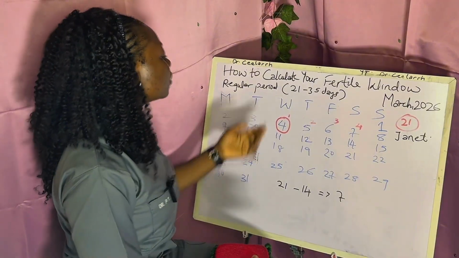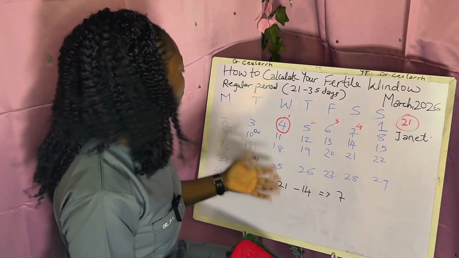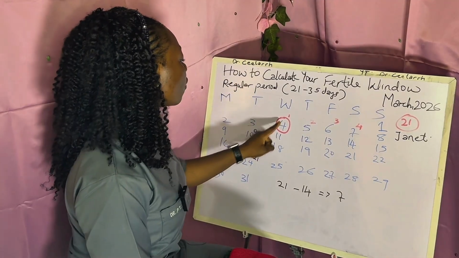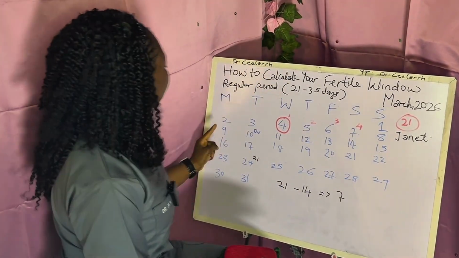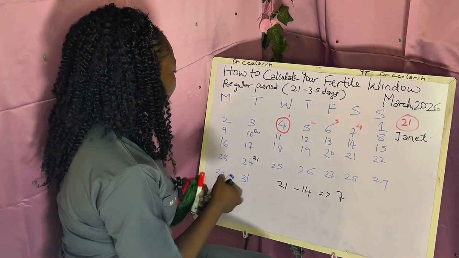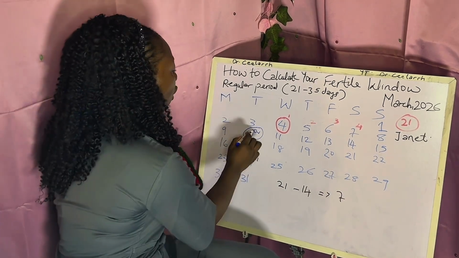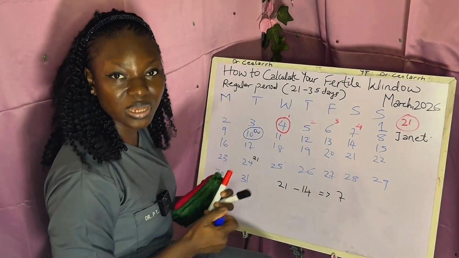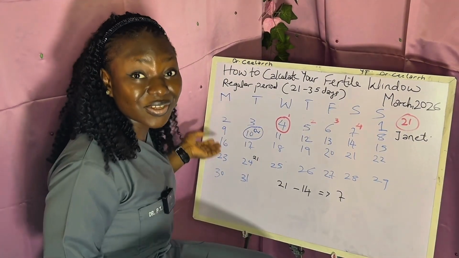So let's calculate. We know that this is day 1, day 2, day 3. So let's see, what is the 7th day of her cycle? This is day 1, day 2, day 3, day 4, day 5, day 6, and day 7. Can you now see that this day that we have already labeled OV for ovulation to happen is actually the 7th day of her menstrual cycle?